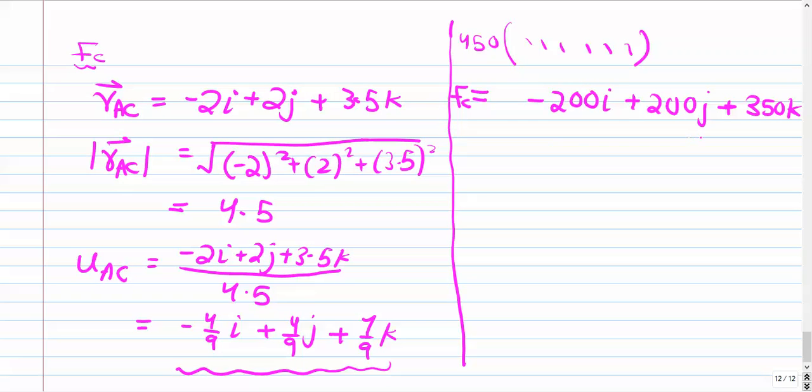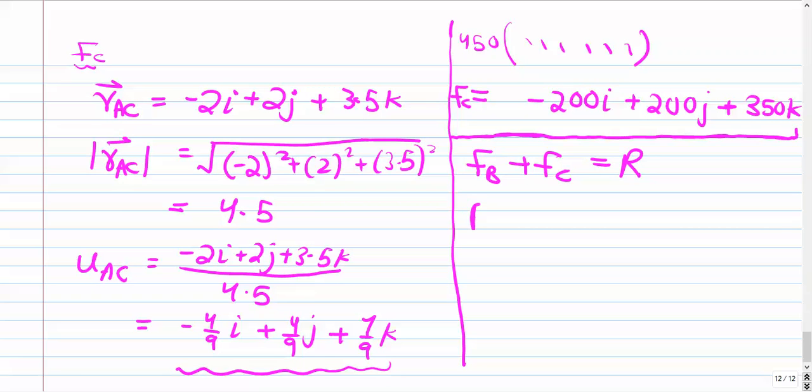The next part says, what is the magnitude of the resultant force and what are the coordinate direction angles? So to find the magnitude of the resultant force, we will first need to find the Cartesian form of the resultant force. And to find that, we can simply add up the Cartesian forms of the two force vectors that we just found. So we need to add FB to FC to get our resultant force.